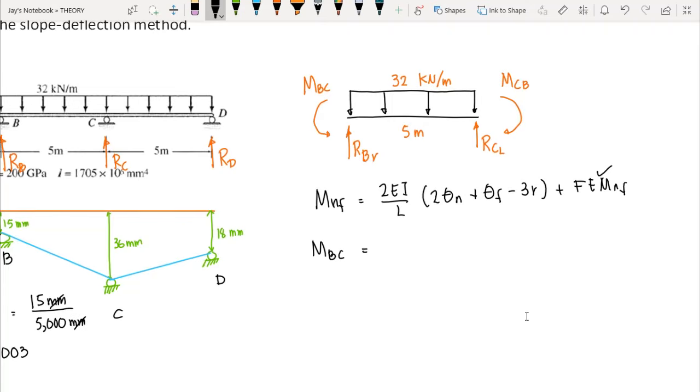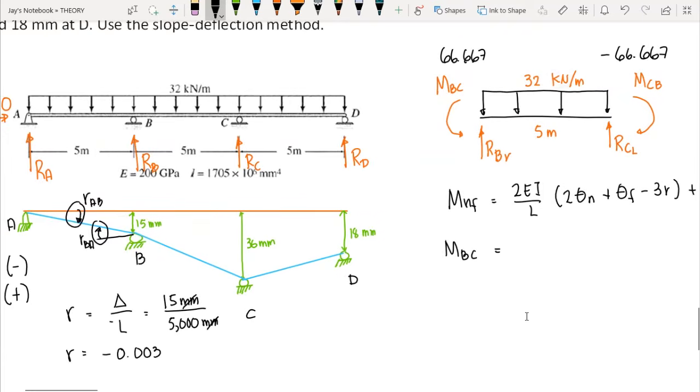Now, the fixed end moment is the same as with the first free body diagram, in which the fixed end moment BC here is 66.667, and the fixed end moment CB is equal to negative 66.667. Again, they have equal values with member AB because they have the same load.